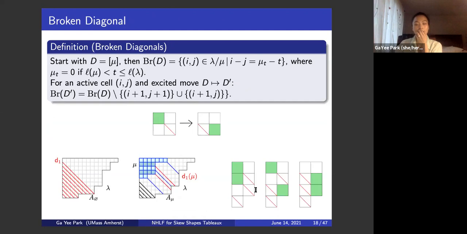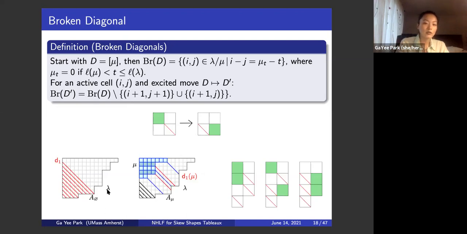The broken diagonals are also obtained from excited moves. So whenever you are performing an excited move and sliding this colored box down, you're also shifting this diagonal to the left. So these diagonals come originally, if it's a straight shape, from all the diagonals below the main diagonal.